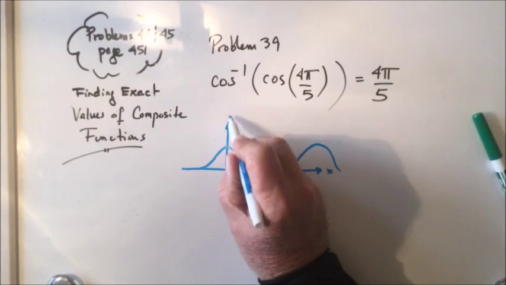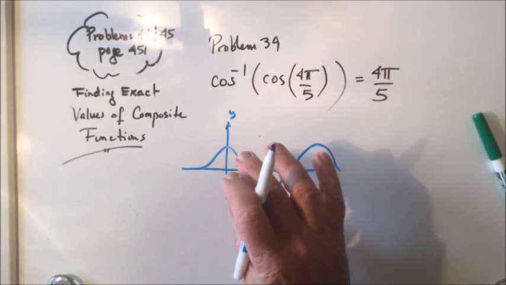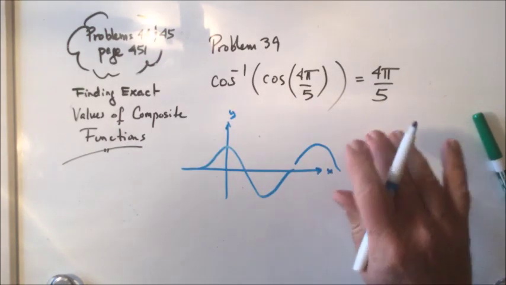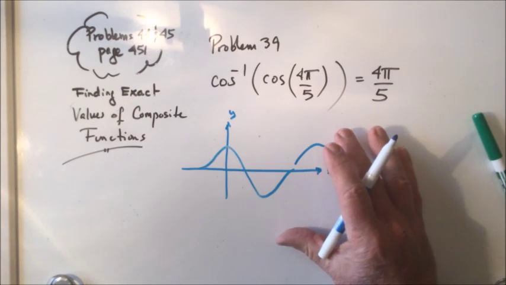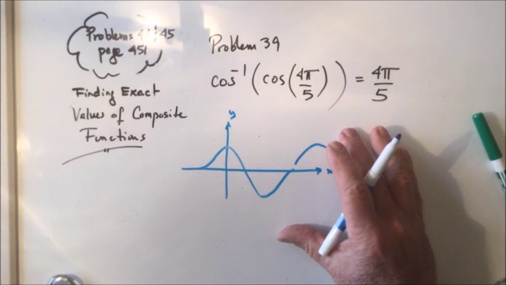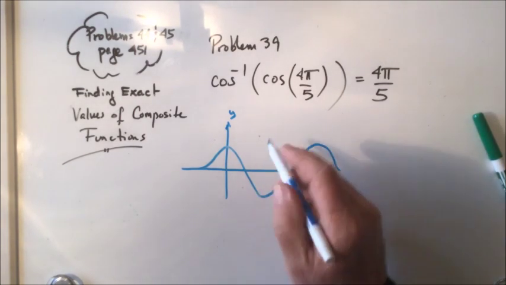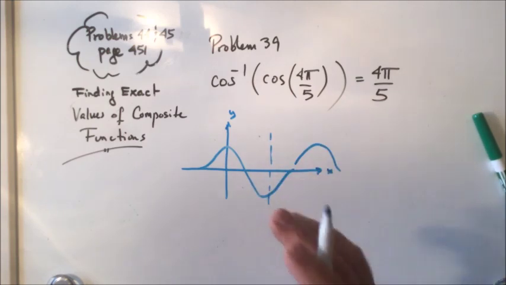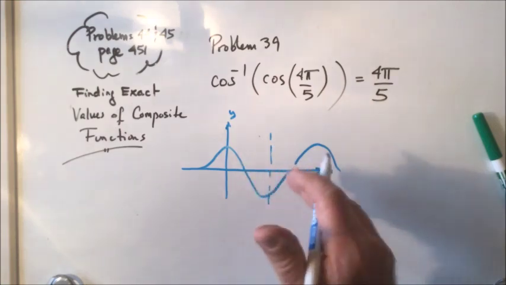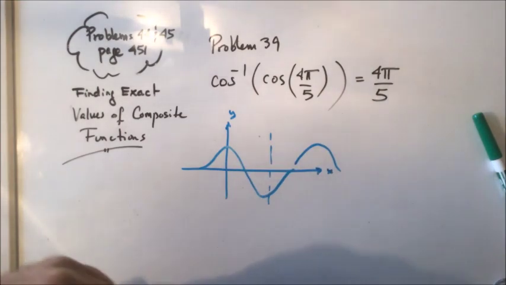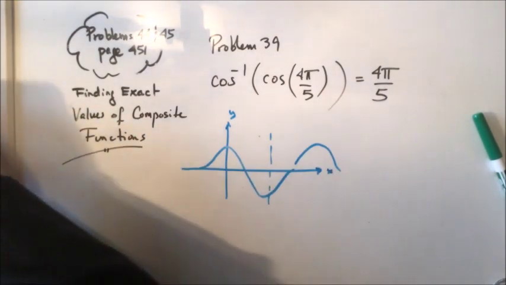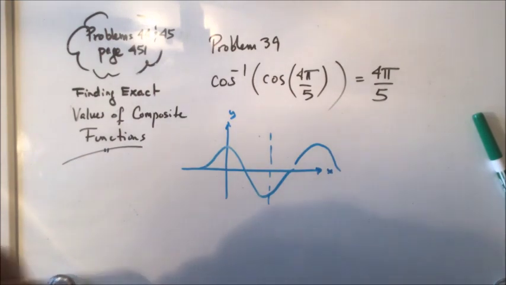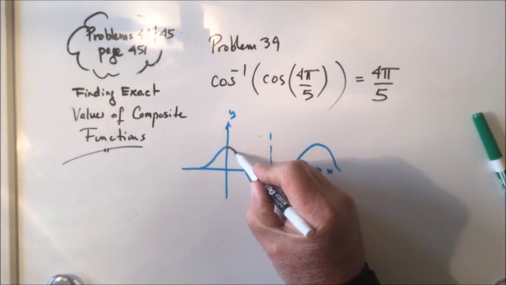So what you have to do with all of the trigonometric functions, because they're all periodic and they all fail the horizontal line test, is restrict the domain in such a manner that the resulting restricted function is 1 to 1, and furthermore contains the range of the entire function.